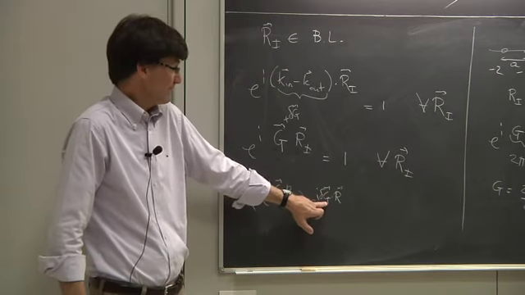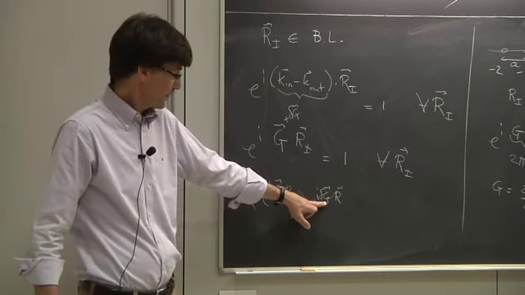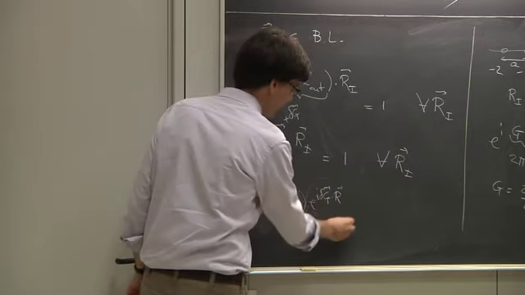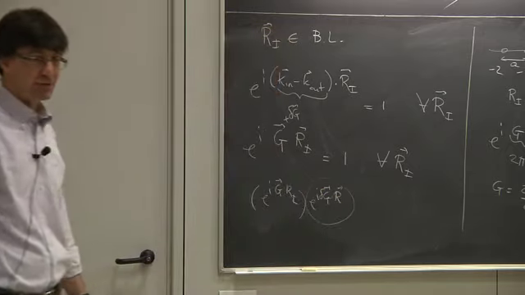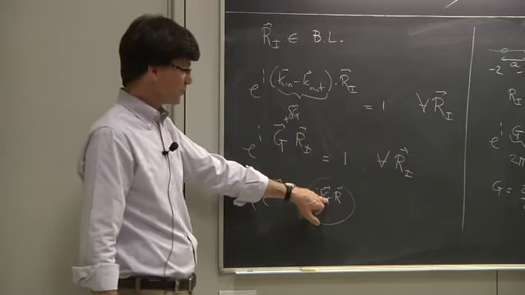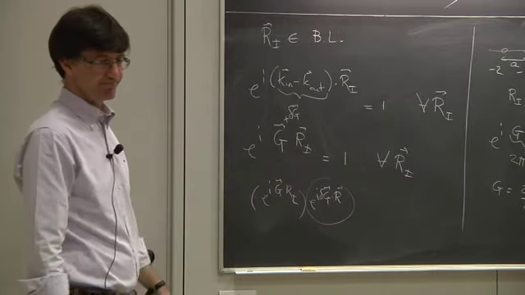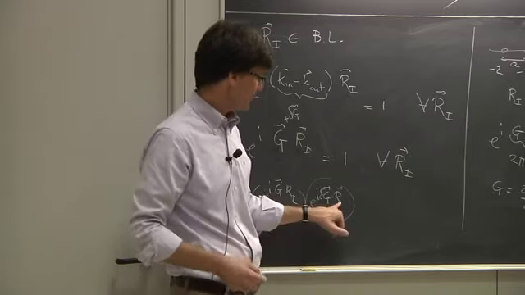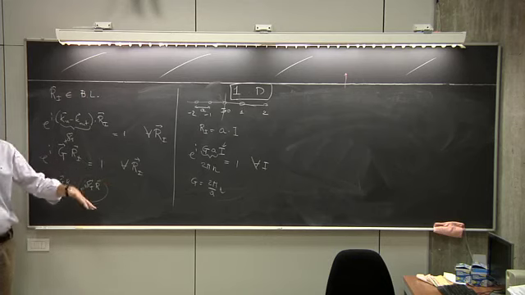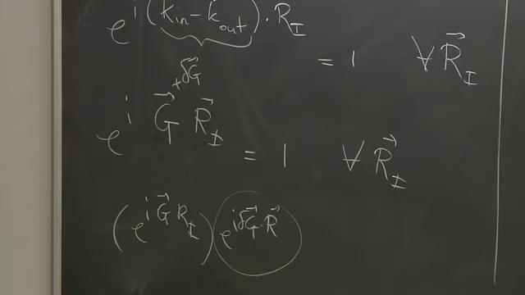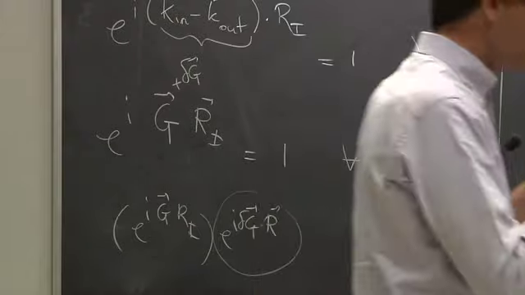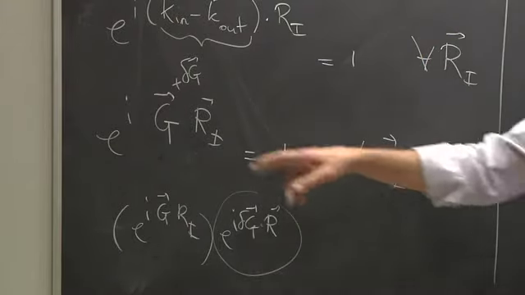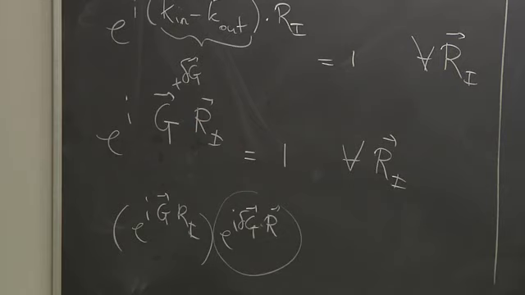It's going to be an arbitrary number, right? So this phase here is immediately going to kill me when I sum it over R, regardless of how small delta G is. Because I'm adding phases in a way that eventually, if I sum over a large number of R's, of course, will make this object arbitrarily small, because they will not add up in phase. So I'm going to see a signal only when this condition is exactly met. Otherwise, I'm going to see something which is close to zero.